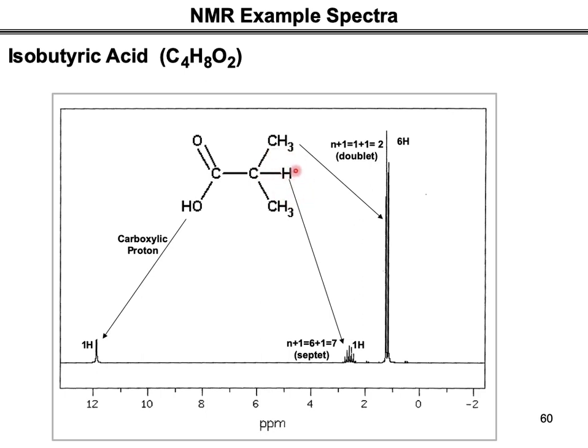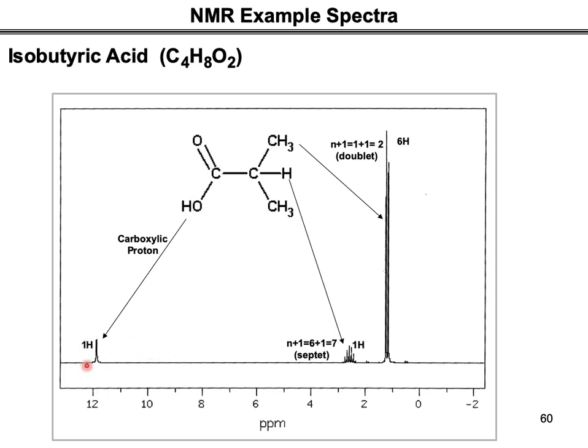And then this proton is split into how many? The adjacent carbon has how many protons? 1, 2, 3, 4, 5, 6. 6 plus 1 is 7. This is a septet, so 7 peaks. It gives the information that the adjacent carbon has 6 protons. And then the carboxylic proton always is a singlet because the adjacent carbon has no proton, 0 plus 1, so it appears as a singlet.